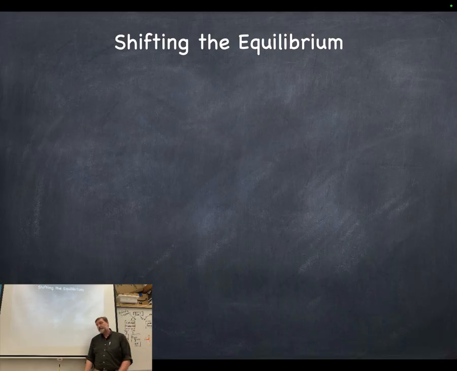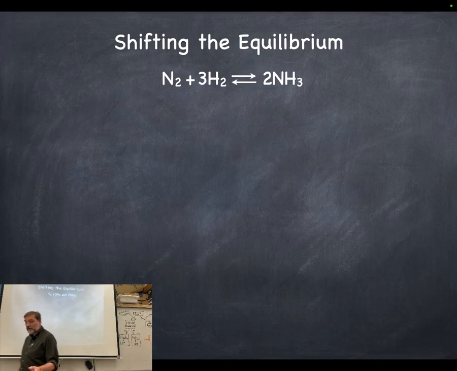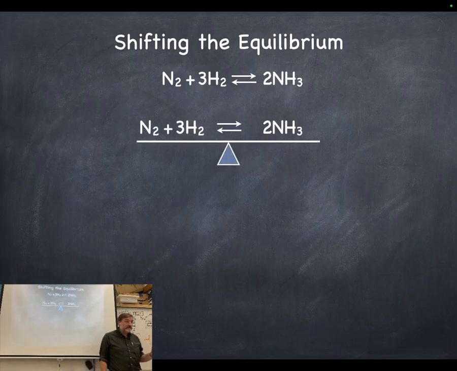All right. So we have our chemical reaction that we've been looking at the whole time, the reaction of nitrogen and hydrogen to produce ammonia. We can think of that as a balancing point, that the products and the reactants end up at some balance where we know what that ratio is.